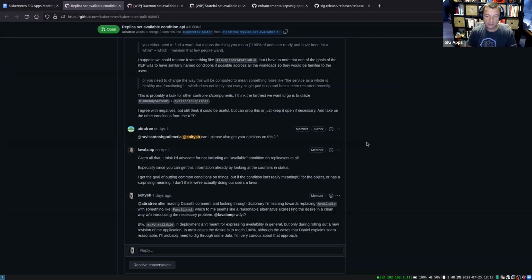Because in that case, we could depend the condition of the higher level controller on the state of the lower level controller. So the moment the new replica set reports functional, we could make the deployment also functional. But the question is, does it mean that for the time of the rollout it is not functional?